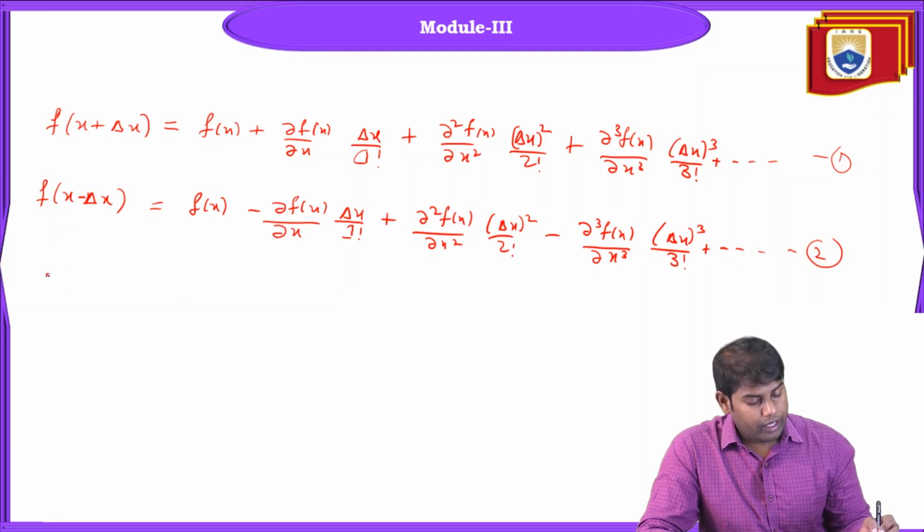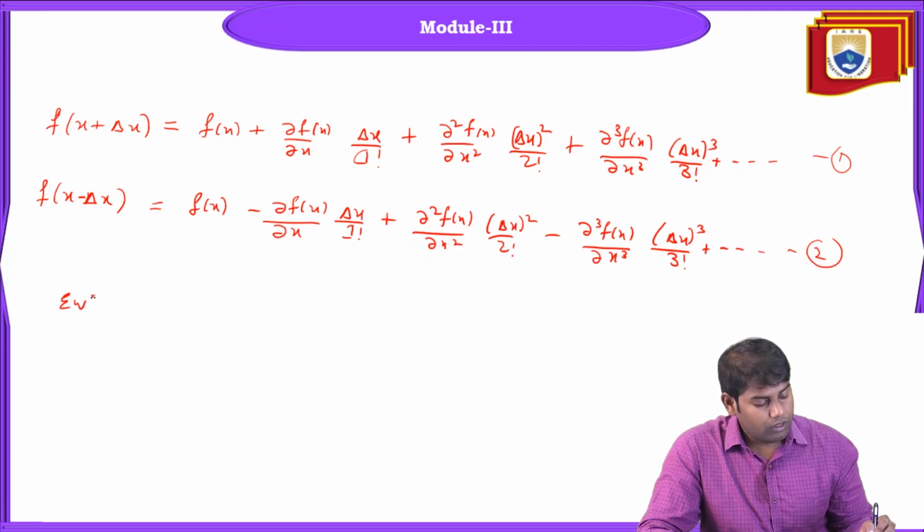Now, how do we write the forward difference from equation 1?